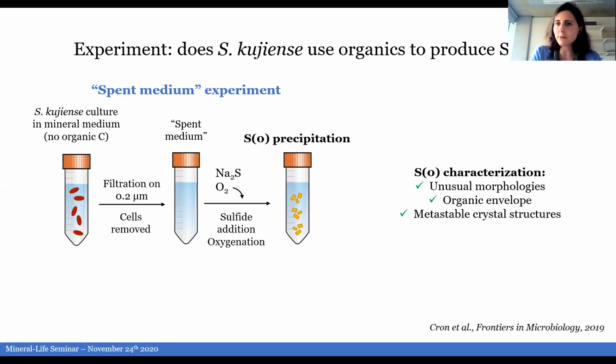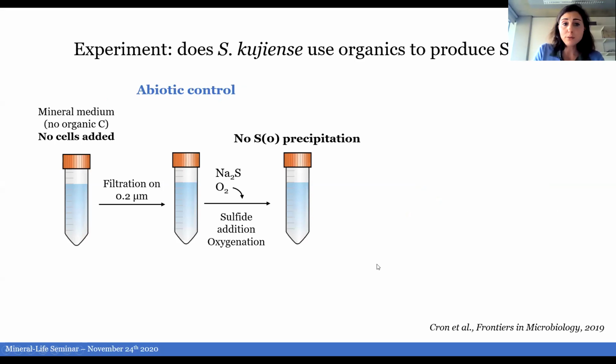And we can characterize the sulfur formed in this experiment, and we can tick the three boxes. It has the unusual morphologies, an organic envelope, and a metastable crystal structure. So now we do an abiotic control. So we take the same mineral medium, but we don't inoculate it with cells.